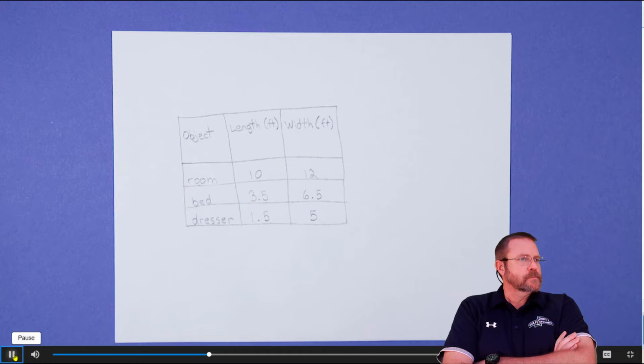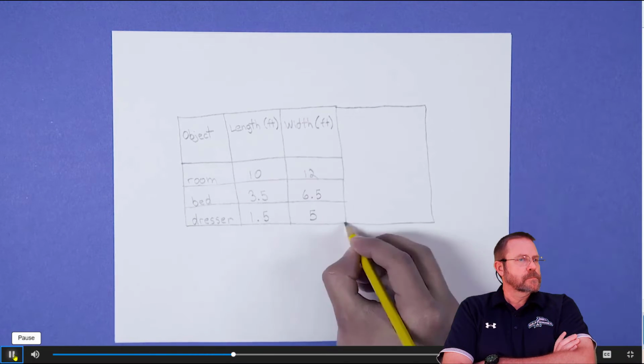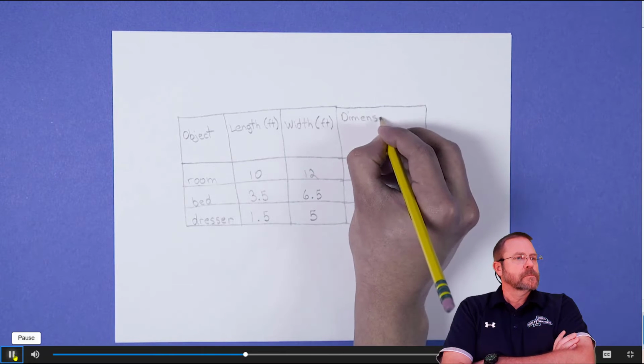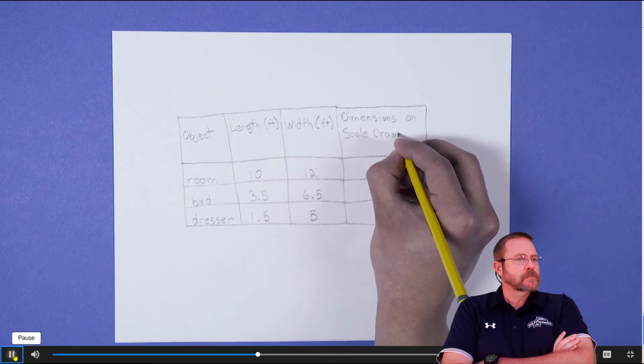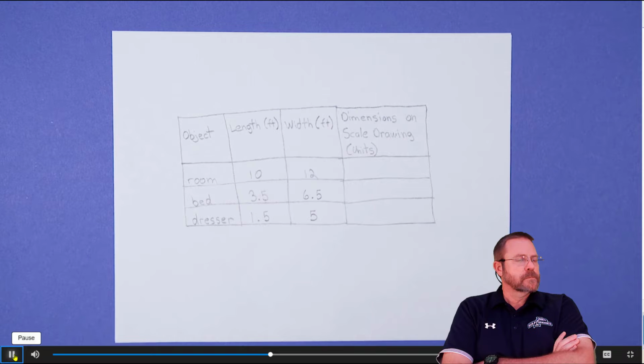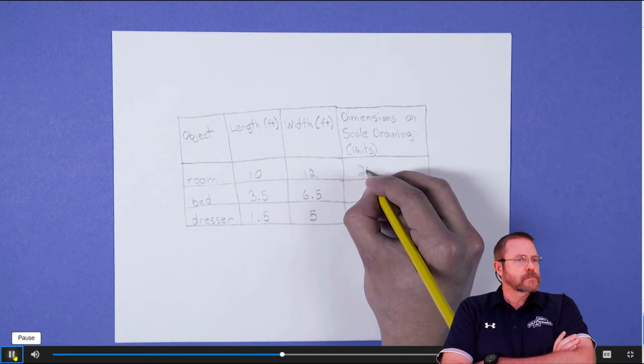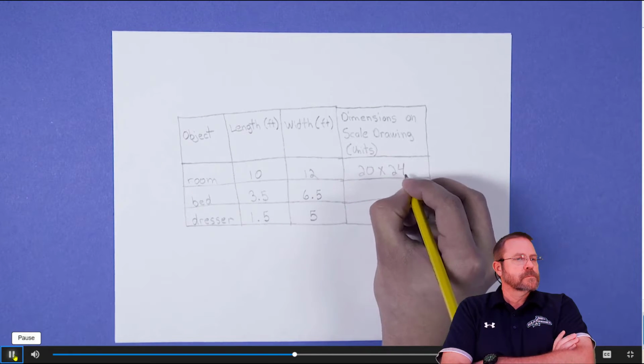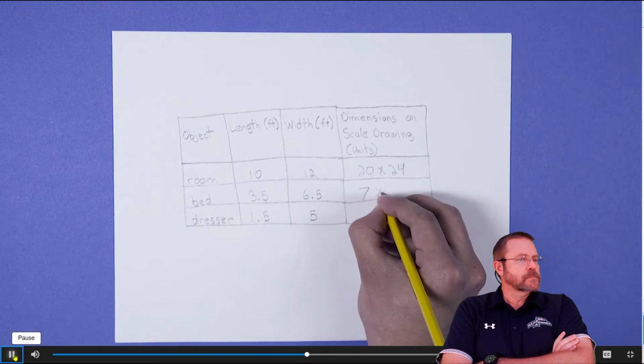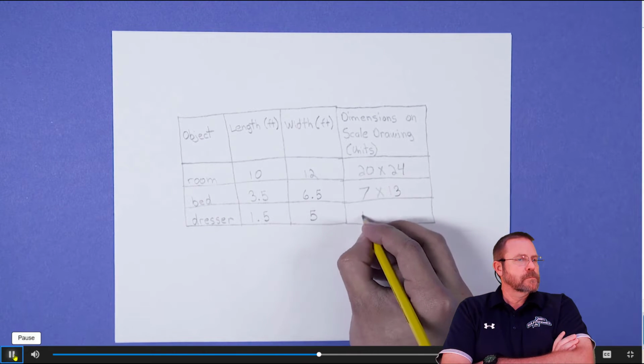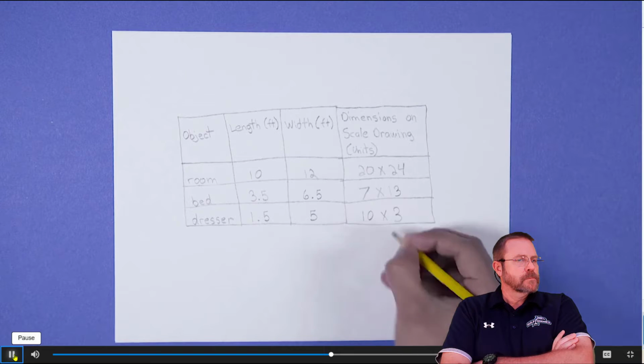For this project, make each 1/2 foot equal to 1 unit. Add another column to the table for the dimensions of each item in the scale drawing. Convert each measurement by using the scale. The scale for the drawing is 1/2 foot equals 1 unit, so 1 foot equals 2 units.